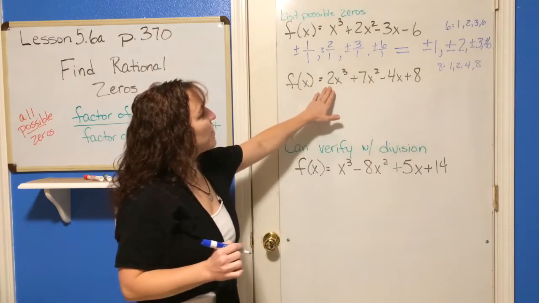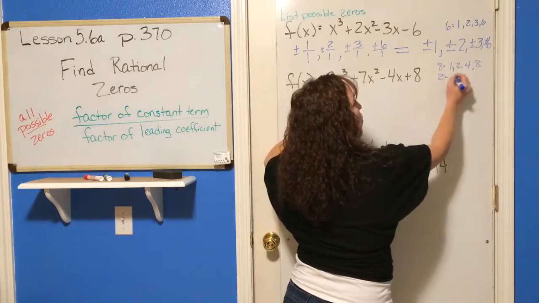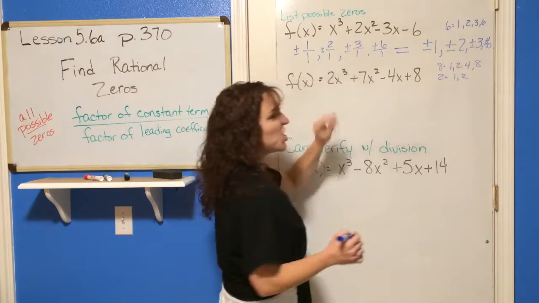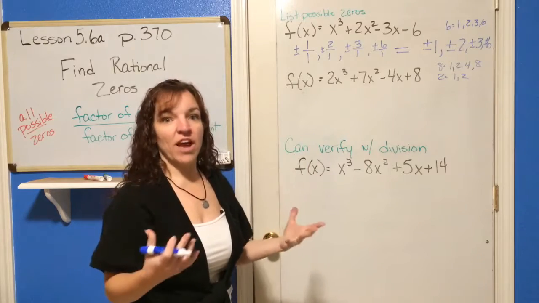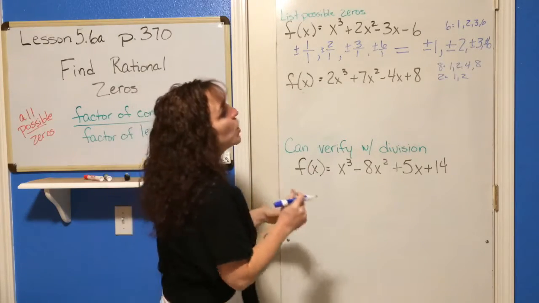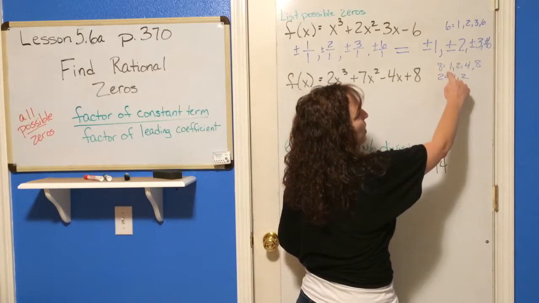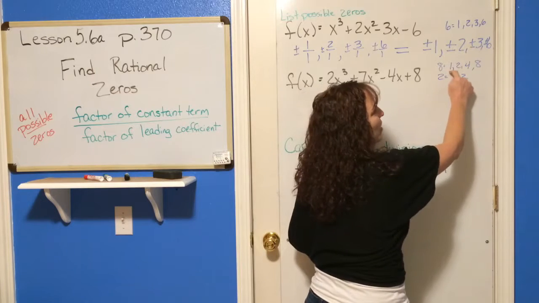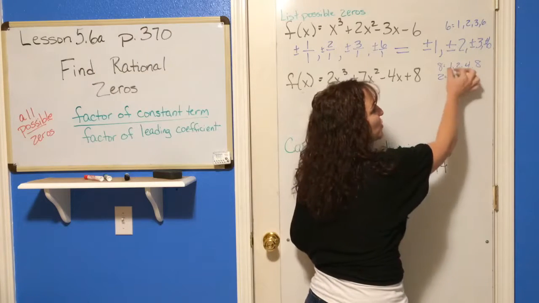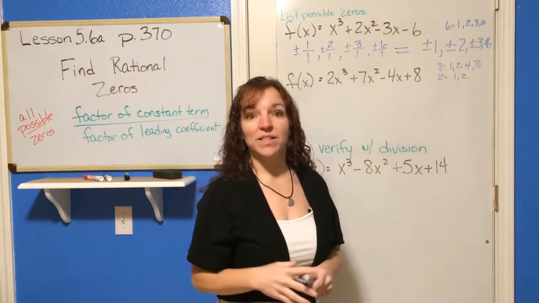The factors of our leading coefficient are 1 times 2. So we actually do have some factors here to divide by. So let's set them up. What I would do is start by putting them all over 1, and then put all of these factors over 2, because you've got to have all of the combinations to get all of the possibilities.